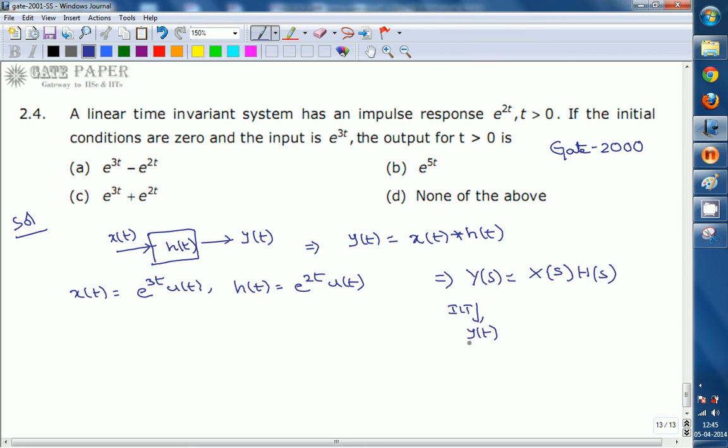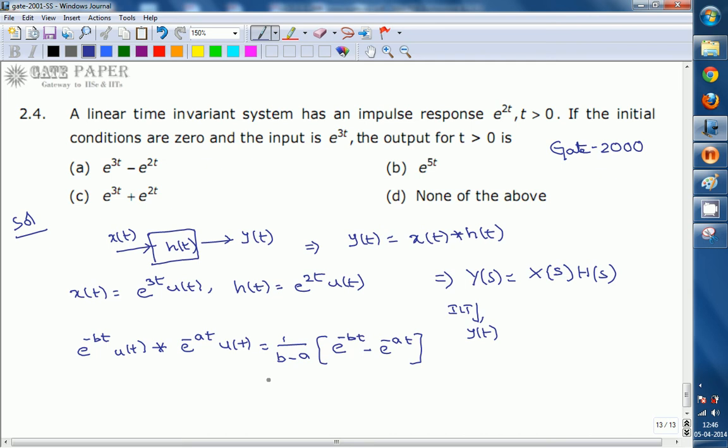Otherwise, we can simply use the standard expression: the convolution of e^(-bt) u(t) with e^(-at) u(t) is always 1 by (b minus a) times (e^(-at) minus e^(-bt)).